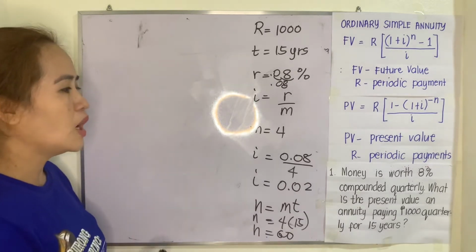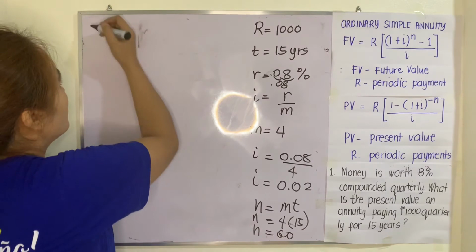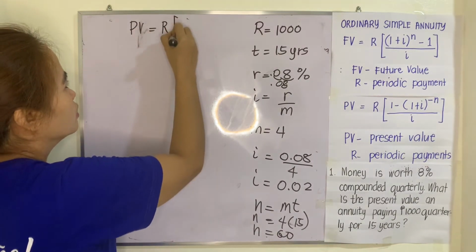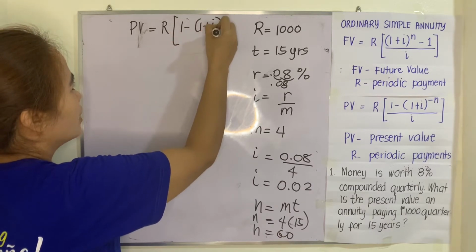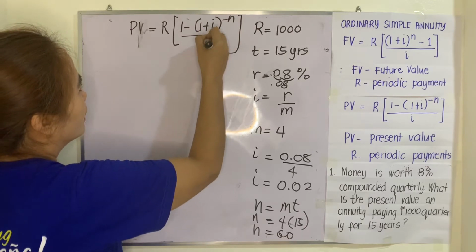So since we are looking for the present value, we will be using this formula. PV is equal to R multiplied by 1 minus quantity 1 plus i raised to negative n divided by i.